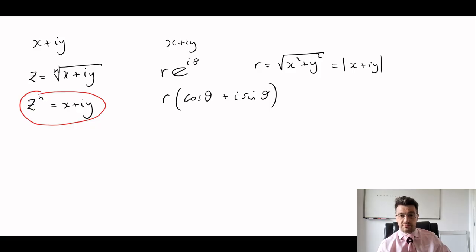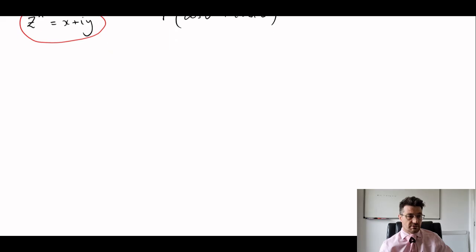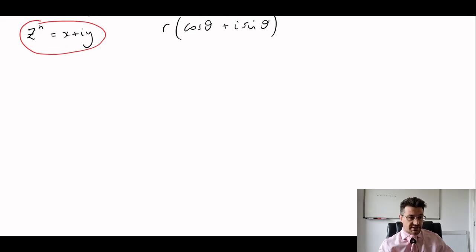I will use them whenever I feel that it's convenient for me to do so. But in this particular context, I prefer to use the trigonometric forms. So let's write our equation: z to the power of n equals x plus iy.